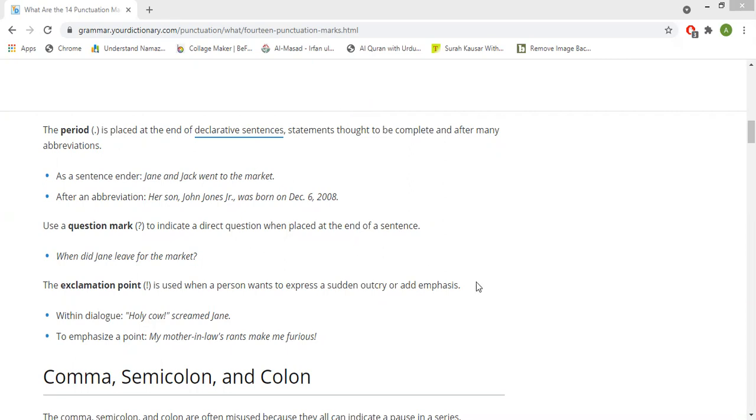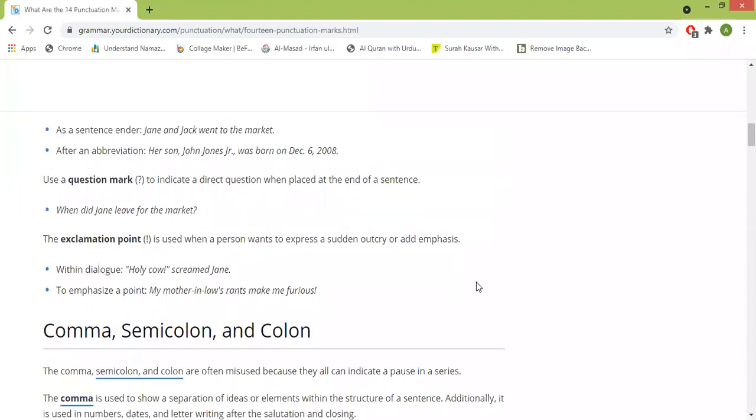Then we have the sign of exclamation. What is the sign of exclamation? Yesterday we read about where to use the sign of exclamation.